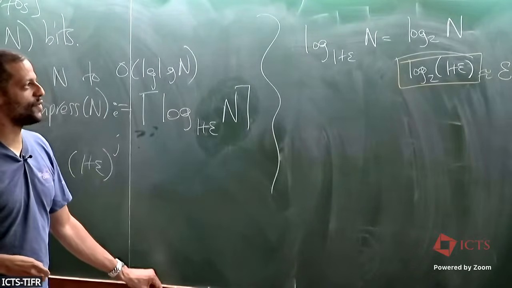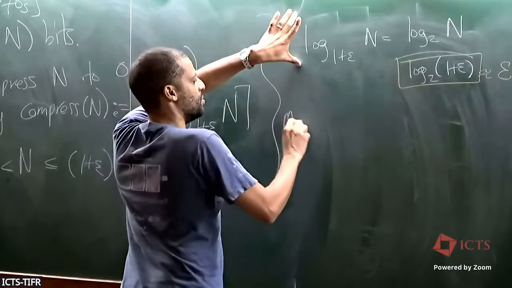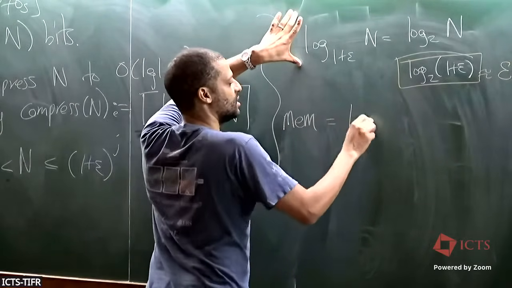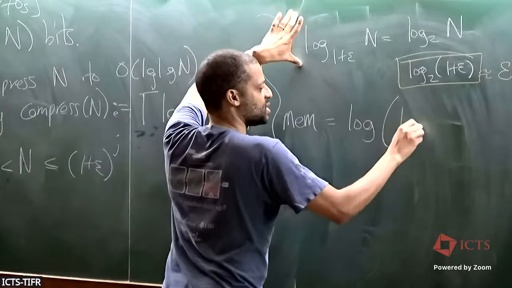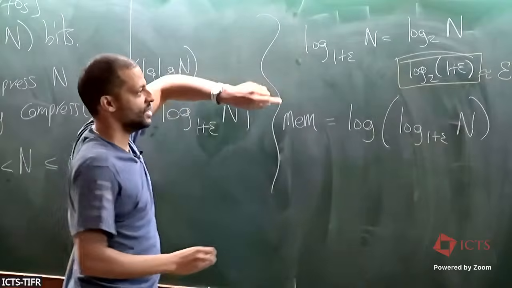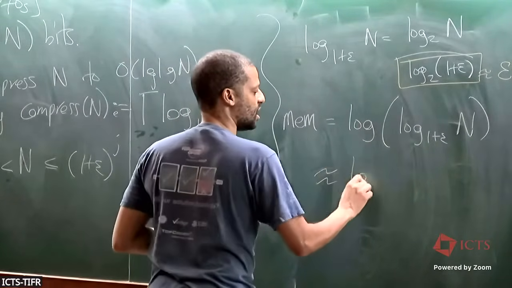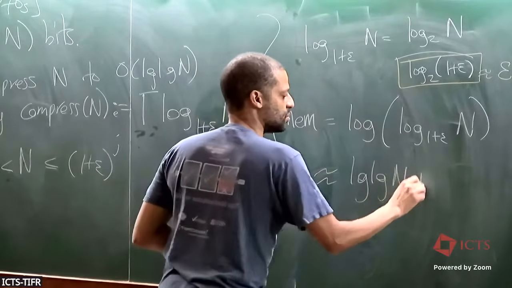And therefore, the memory you need to write this down is log of log base 1 plus epsilon of n. And by this, that's basically log n plus log 1 over epsilon.